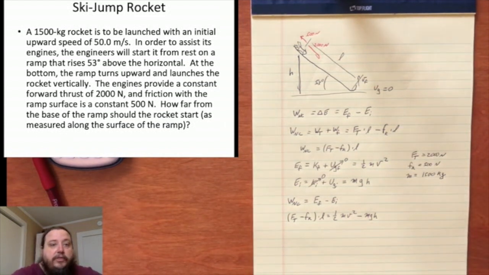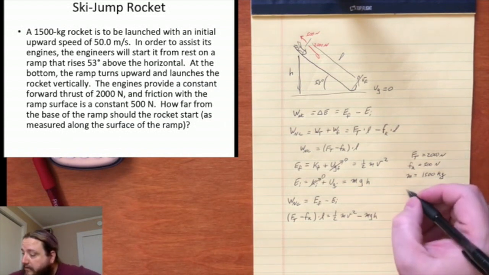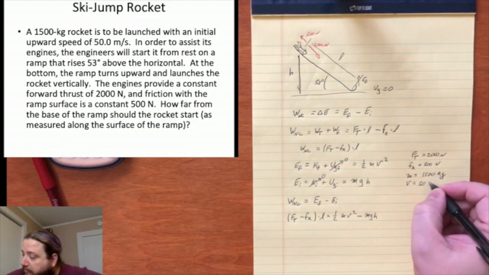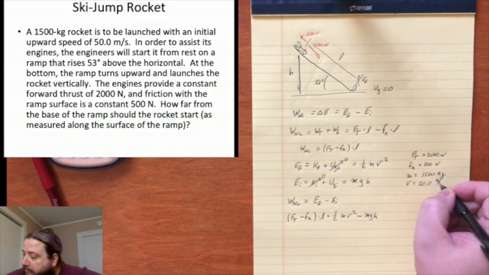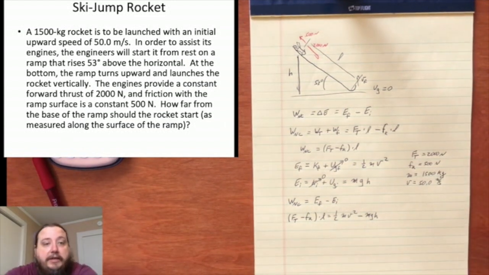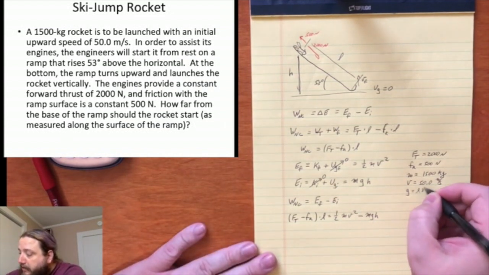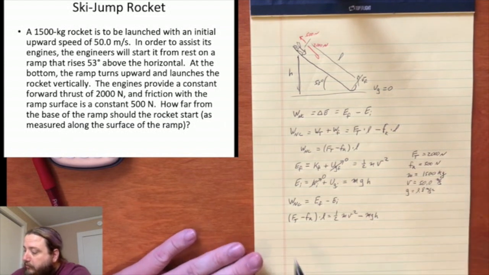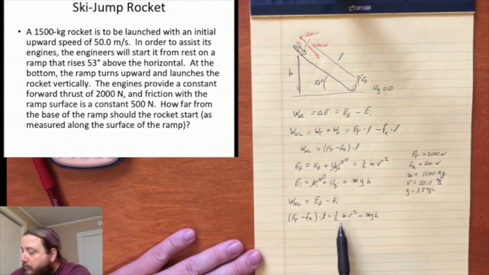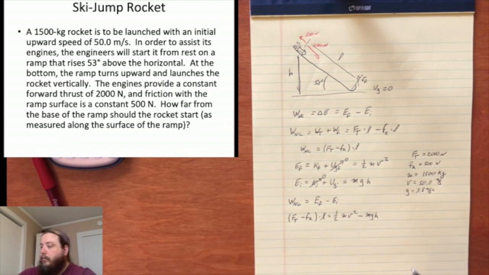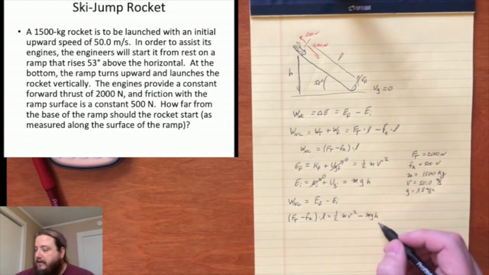And we know that the final velocity is 50 meters per second, or the final speed is 50 meters per second. We know g is 9.8 meters per second squared, so we know m and g. What we don't know is L and H.